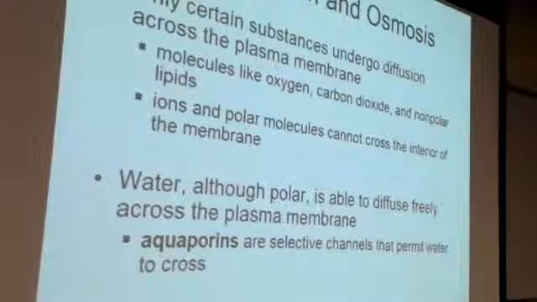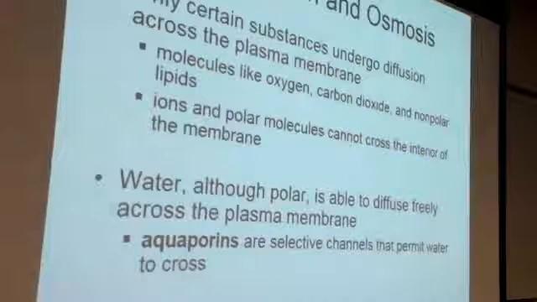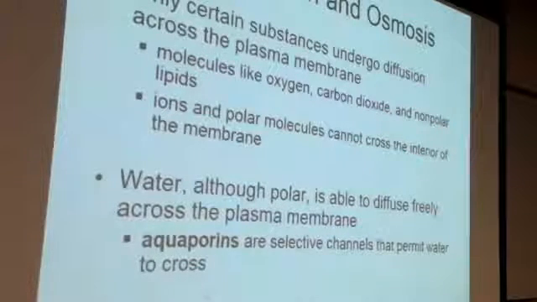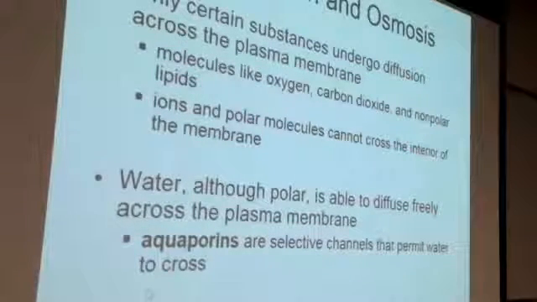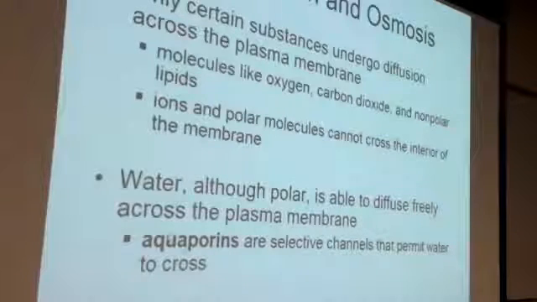There are special proteins, special channels in the plasma membrane called aquaporins. Those are for water only. Because, especially for multicellular organisms, it's very important to be able to share the water from one cell to another and do it quickly.